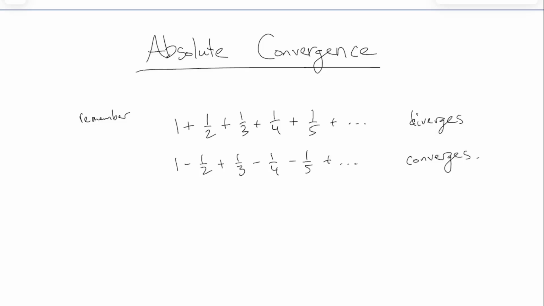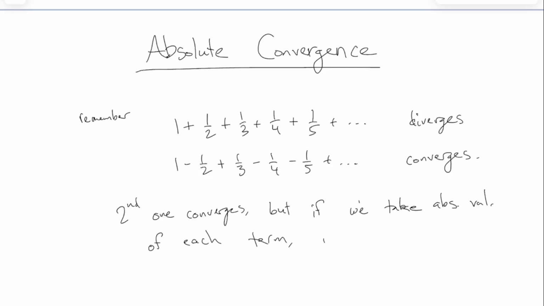The interesting thing about this is the second one converges, but if we make all terms positive, another way of saying that is if we take absolute values of each term, it diverges. So the second series there does converge, but if you were to take the absolute values of all the terms, then it no longer converges.